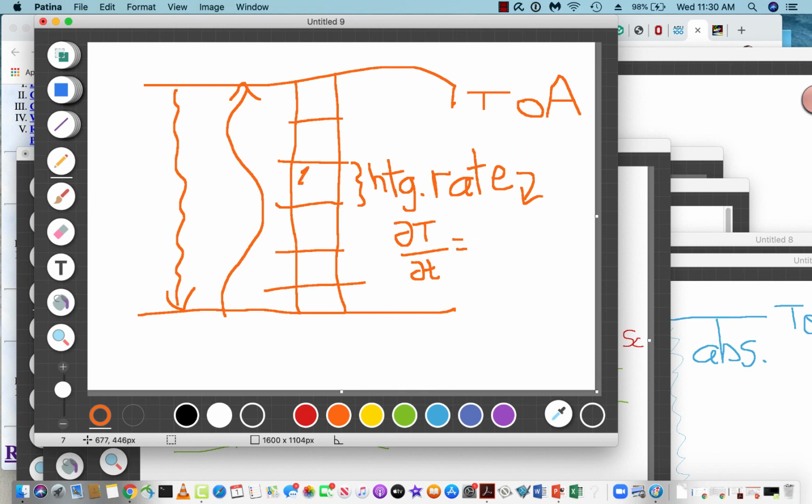Inside, let's say, this one little box here, it's going to be due to advection and so on and so forth, and heating rate due to radiation, which in some of the places we've written as Q sub R.